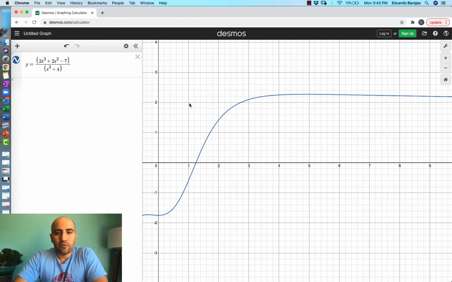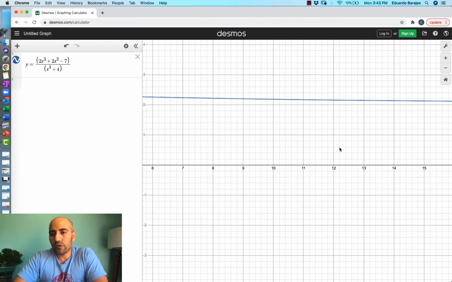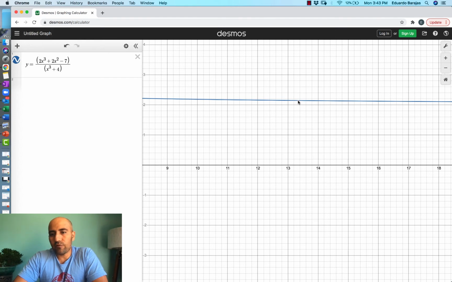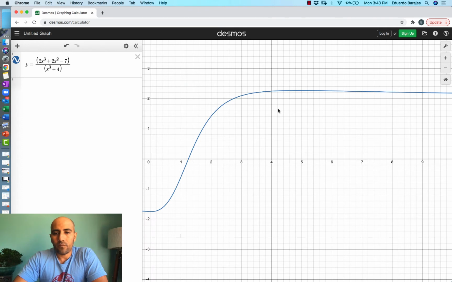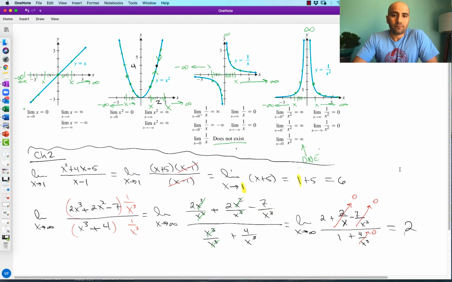See, here's the number 2. As the input values get larger and larger, as x is chosen to be a value that's larger and larger and larger, the output values get infinitely close to the number 2. Right? So there's a horizontal asymptote at y equals 2. So that confirms our work.